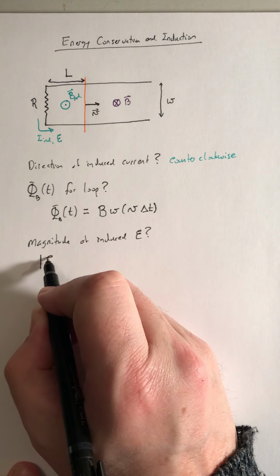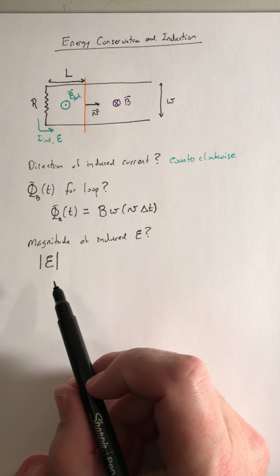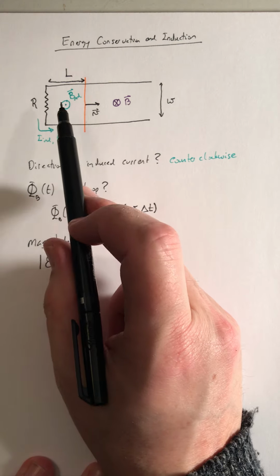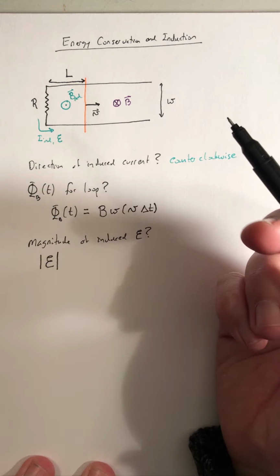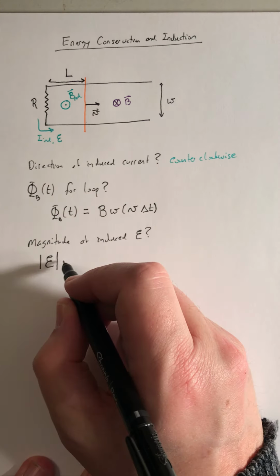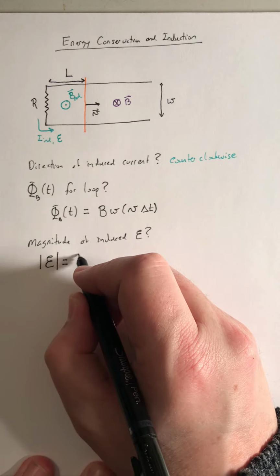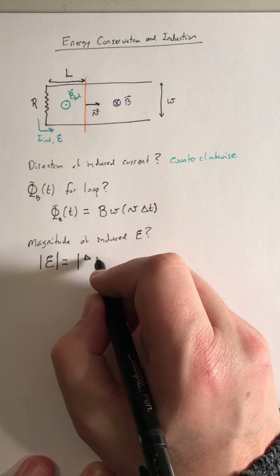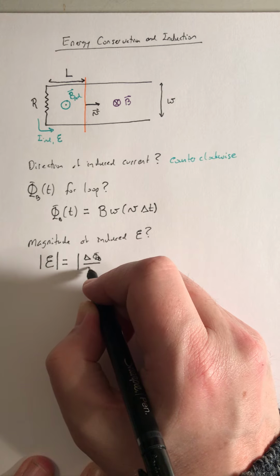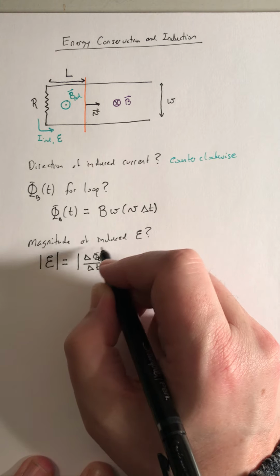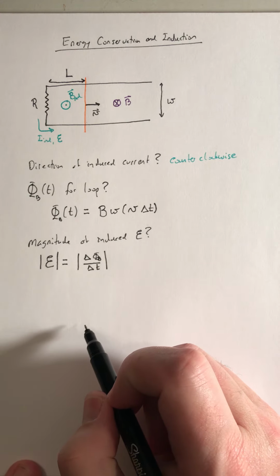We're using Lenz's law to get the direction of the induced magnetic field and then the induced current and EMF that cause it. And we're just using Faraday's law to get the magnitude, ignoring the minus sign in Faraday's law and the sign of the rate of change of flux.